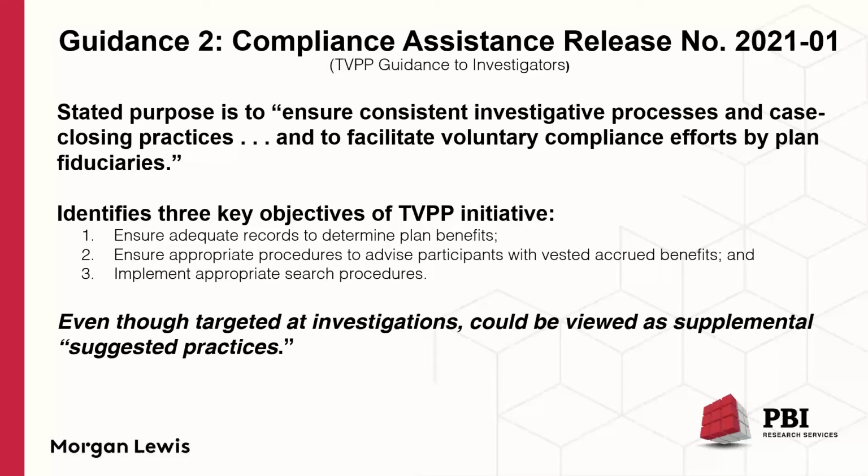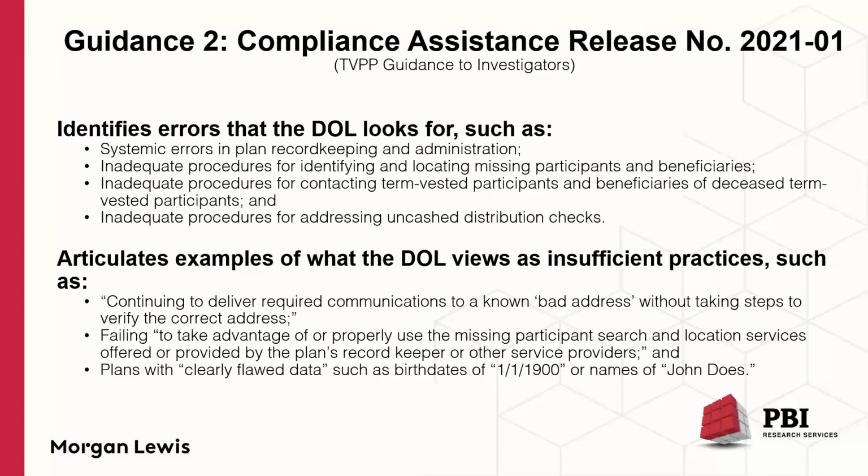So moving on to the next slide, you'll see in this guidance to investigators, although it talks a lot about what's the purpose of these investigations, what should the investigators be looking for, it identifies things that the DOL views could suggest problems, or more specifically breaches of fiduciary duty. And these are the things that I think could be used almost like a checklist, similar to the best practices.